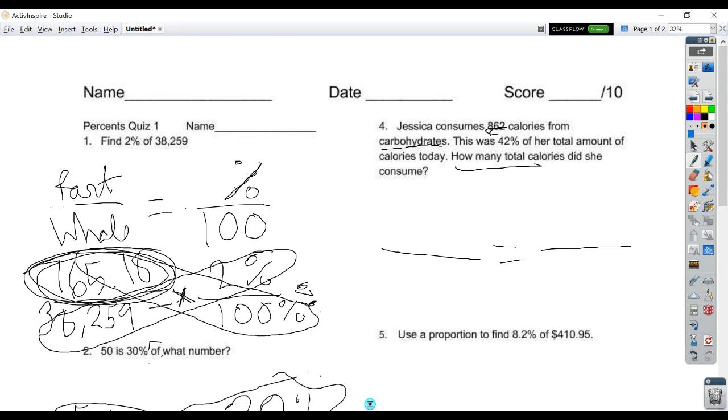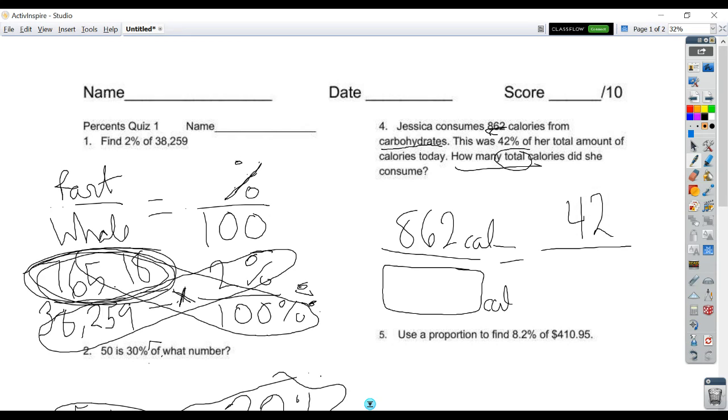Later on it says how many total. Well, we don't know the total. So that's going to be down here. This is my total calories from carbs, which means that 862 is my calories from carbohydrates. This is my total. And that's going to be 42, and that's always going to be out of 100.